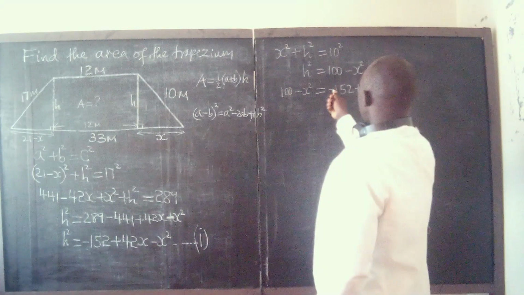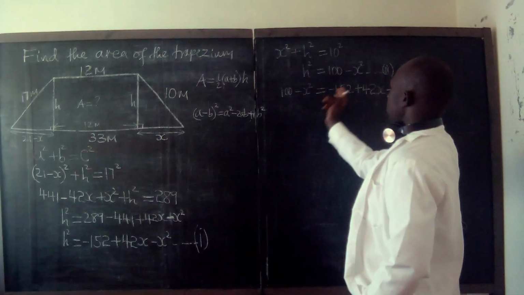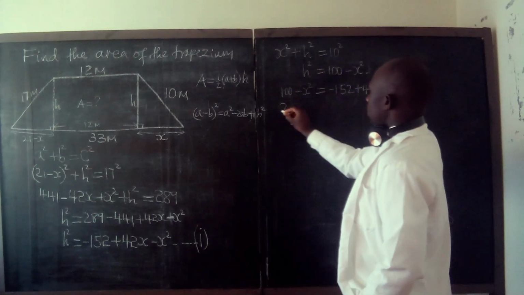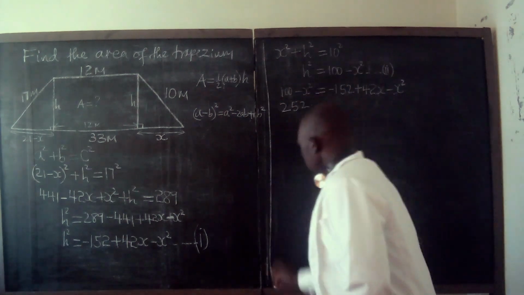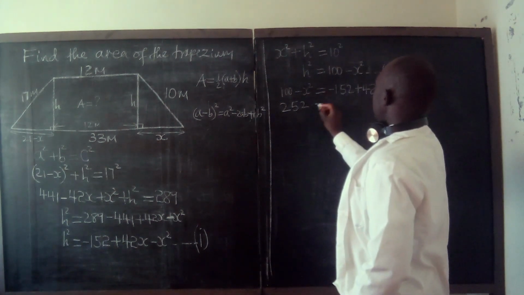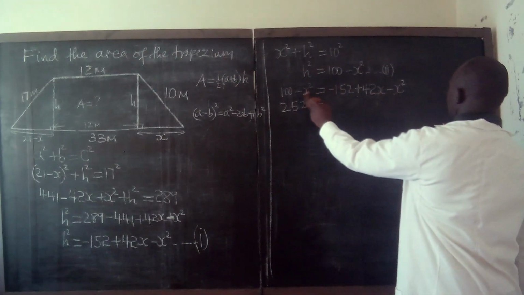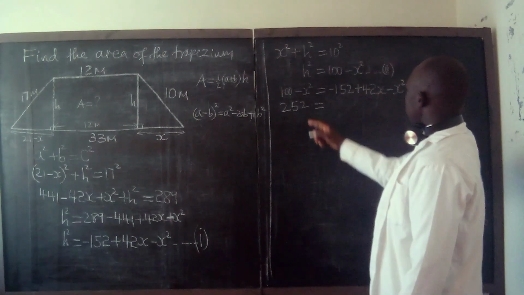We take the minus 152 to the left hand side and it becomes positive, so 100 plus 152 is 252, equal to 42x, since the x squared terms cancel out.